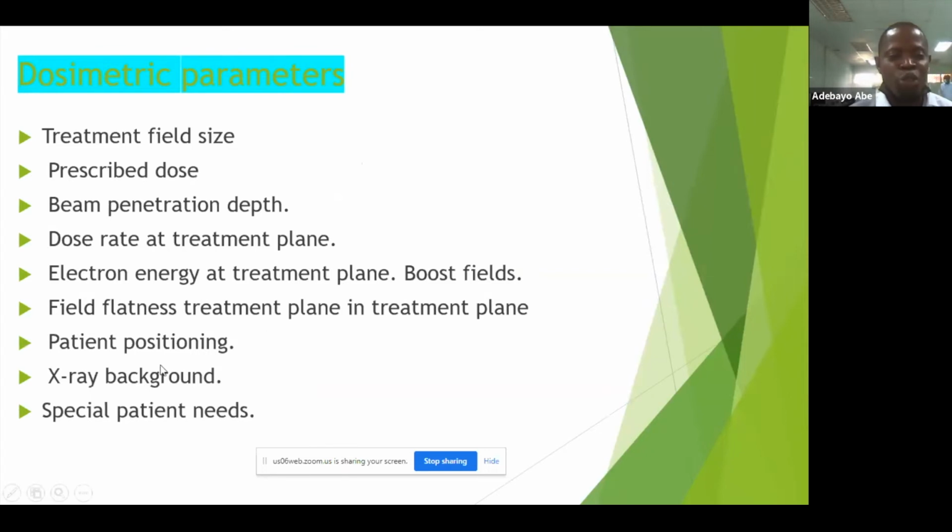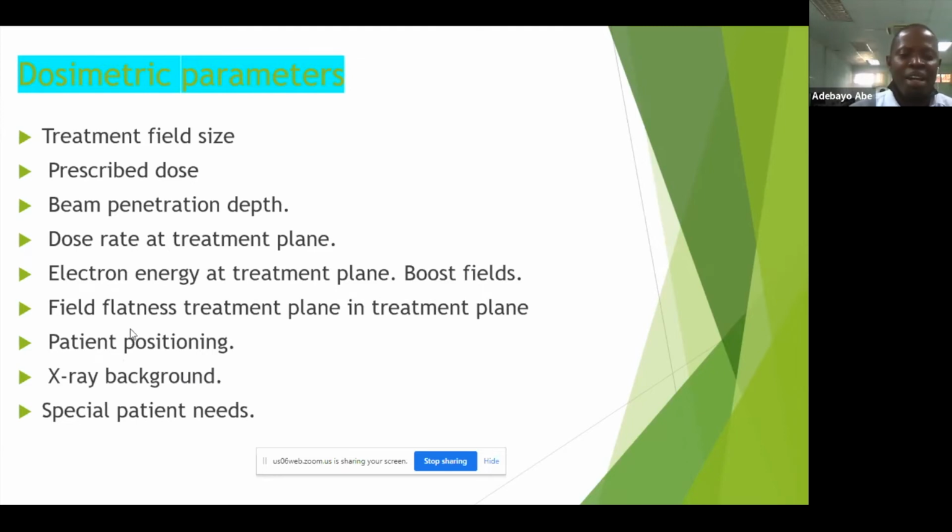Then the precise dose, the beam penetration depth, the dose rate at the treatment plane. Because if your dose rate, for example, most of the machine curve will be in the linac, we have 4 gray per minute, we have 400 monitor unit dose rate. Then electron energy at the treatment plane.